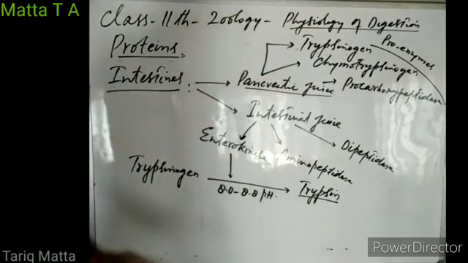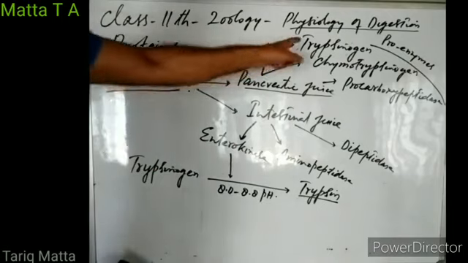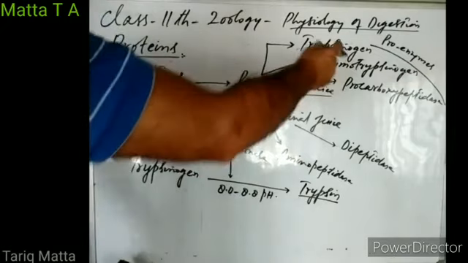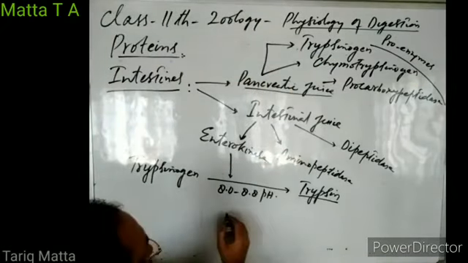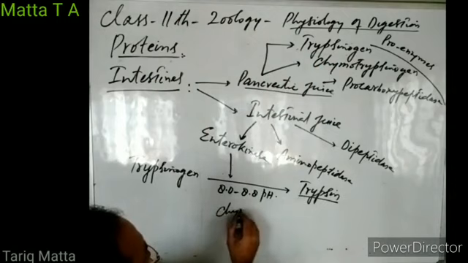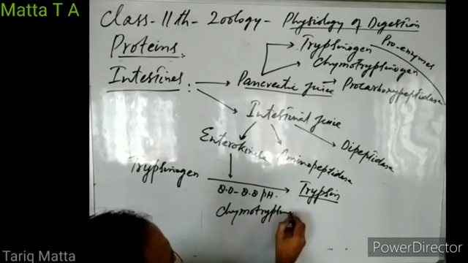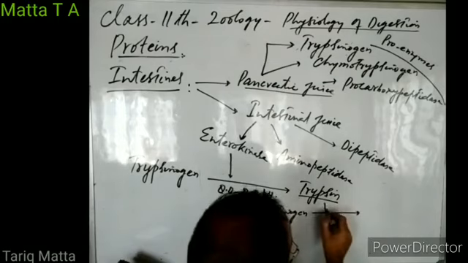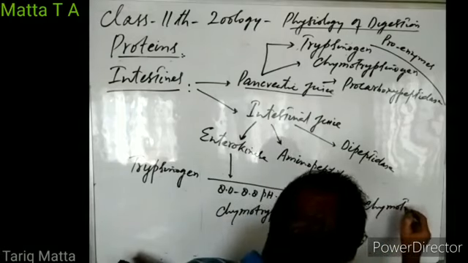Right? So when trypsinogen is converted into trypsin, this trypsin stimulates and activates other enzymes. Now this trypsin will change chymotrypsinogen into chymotrypsin.